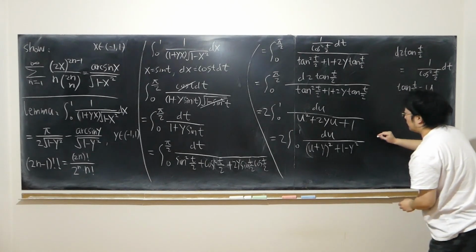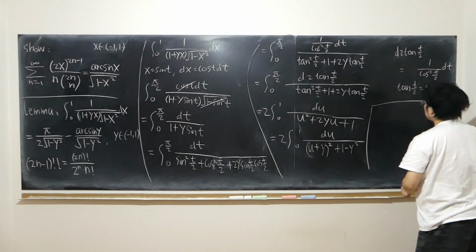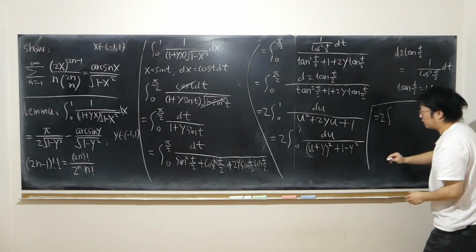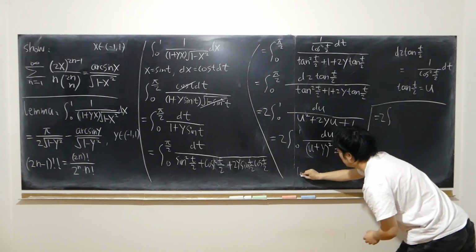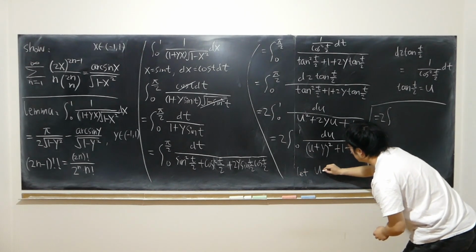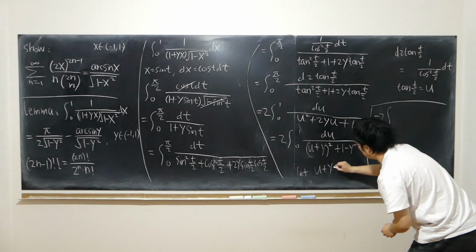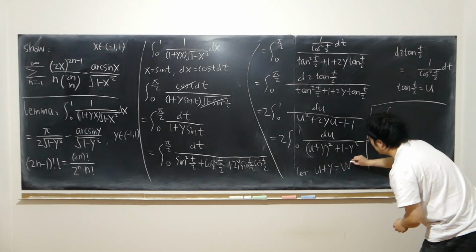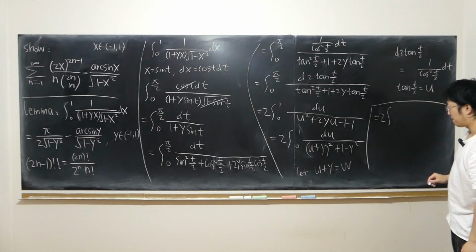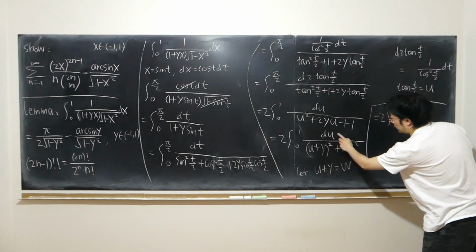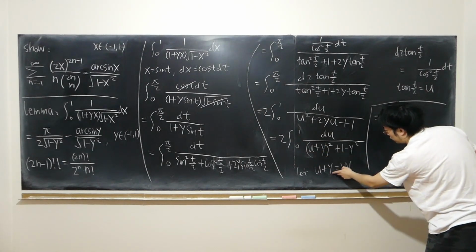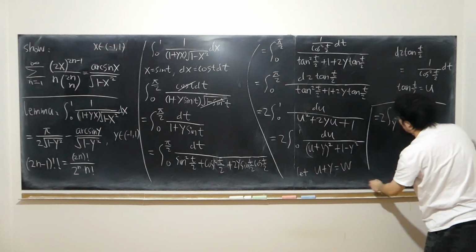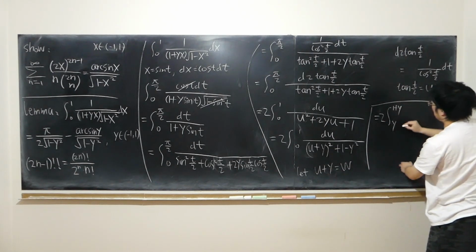As soon as I let u plus y equal w, the new boundaries are: when u is equal to 0, w is equal to y, and when u is equal to 1, w is equal to 1 plus y.